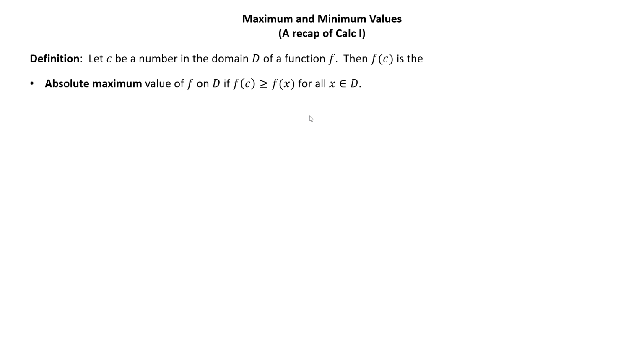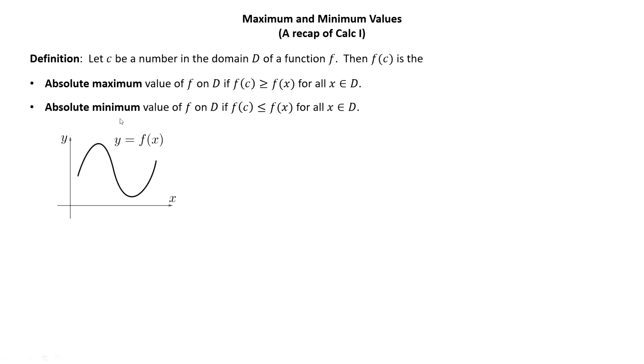You'll say, where is the highest value of this function? And you will go to some particular x value and say, here is where we are noticing that the function has the highest value. And we'll say, yep, that's the absolute maximum. As simple as that. Similarly, absolute minimum is where the function has the smallest y value, right?